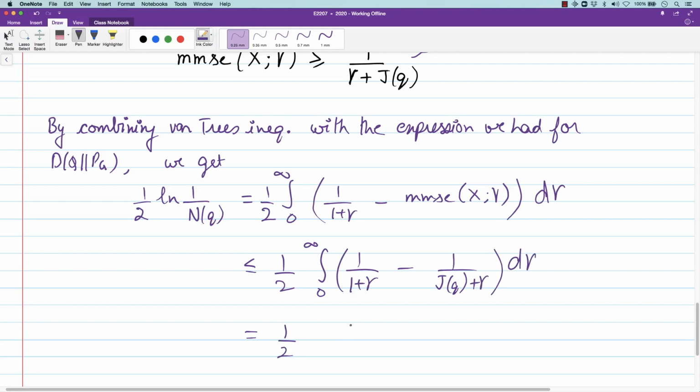So let's integrate this. The first term we can integrate, that's ln 1 plus gamma, and in the limit as gamma goes to 0, this is 0.